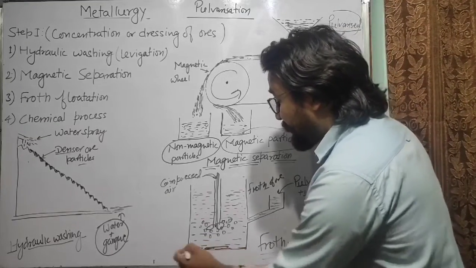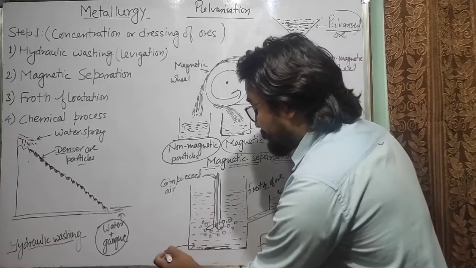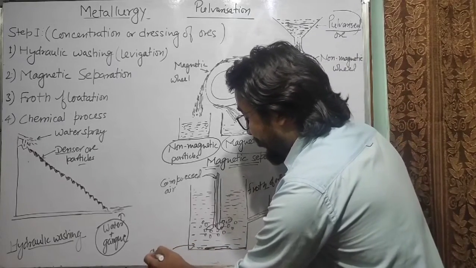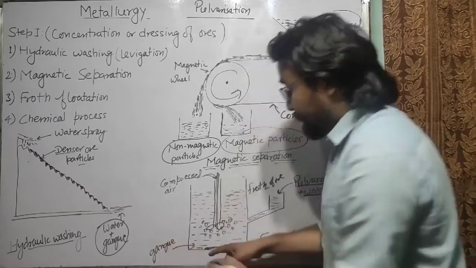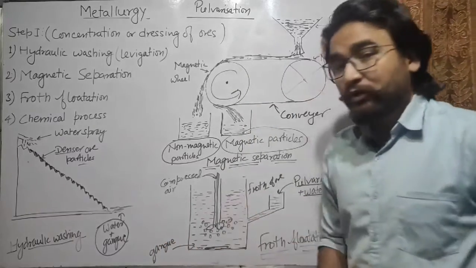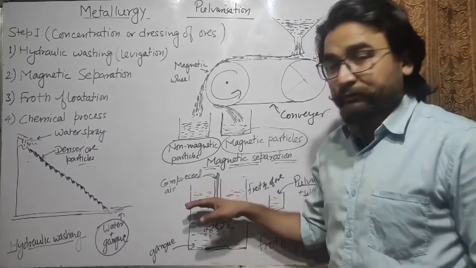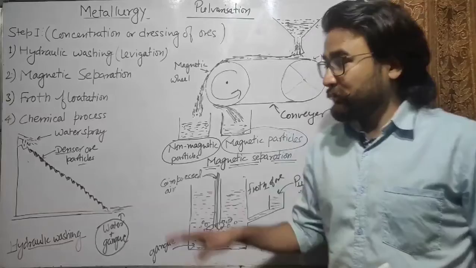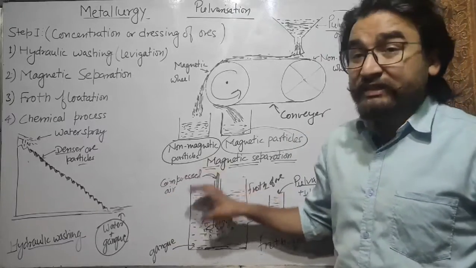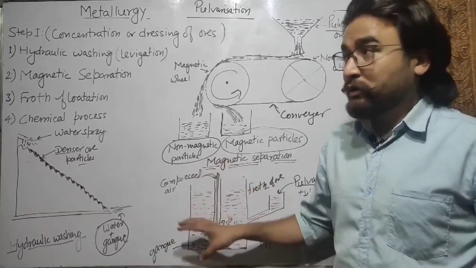So gangue particles will be deposited at the bottom, while the froth of ore will come to the top because it is wetted with oil. This is the process which is generally used for sulfide ores.